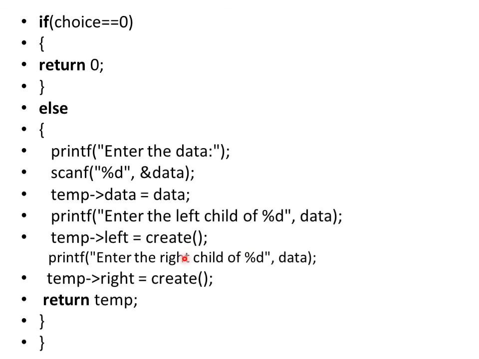Similarly, next I will move to the right side, enter the right child of %d, that is integer data. Next I am assigning temp of right equals create. Now I am creating the right side. Now totally I am creating 3 nodes. Then return temp. Then I am closing the main function.